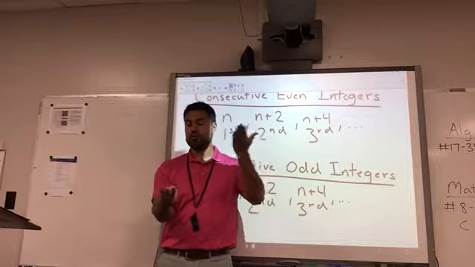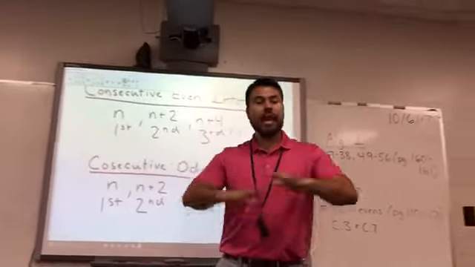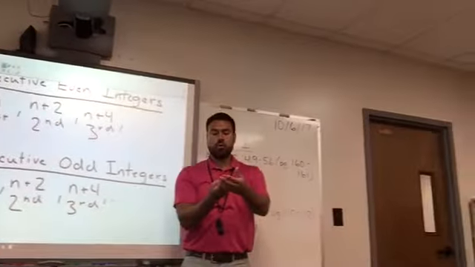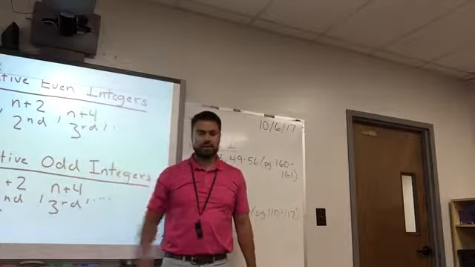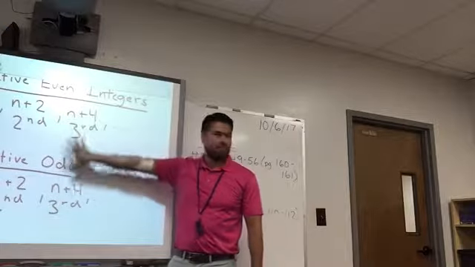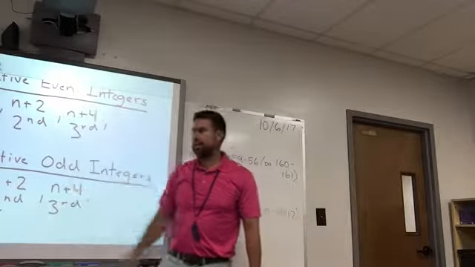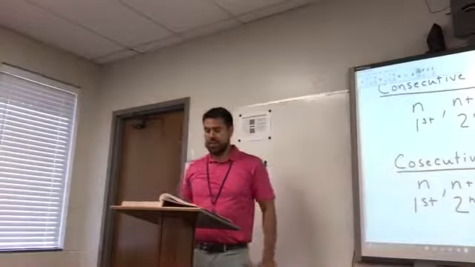You could have the first one be negative 1, or you can have the first one be negative 99. So it could be any odd integer who, when added to the next 2 consecutives, is going to give you negative 15, or whatever they said. Okay, so you guys get these? These are the same. Please don't write plus 1, plus 3. Just put plus 2 for odd and even integers.